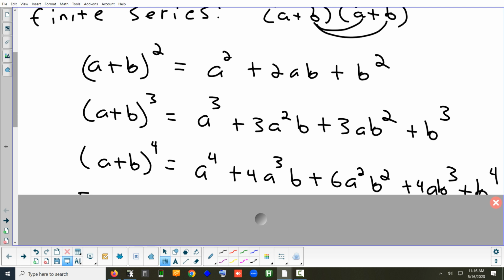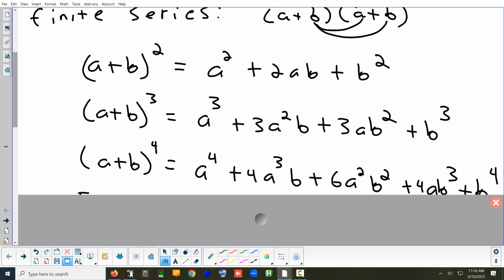What I'm interested in here is looking for patterns. I want to look at all these and see, is there anything going on here? Because the goal is to be able to do a plus b to the 50th very easily. Or not even writing out all the terms in a plus b to the 50th, but maybe if I just said, tell me the 7th term if you did a plus b to the 50th.